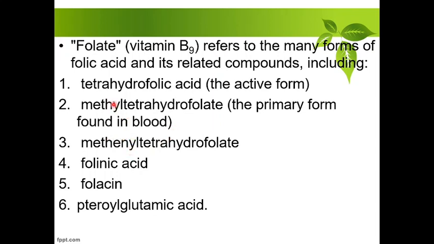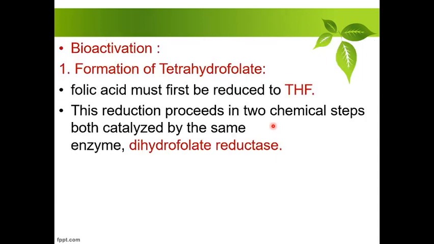Methenyl, यहाँ पे क्या है देखो, मिथाइल है. मिथिनाइल यानी जिसमें डबल बॉन्ड है, right? Methenyl tetrahydrofolate, folinic acid, folacin, pteroylglutamic acid. So all these are the forms, ये 6 forms जो हैं, all of these they refer to vitamin B9, that is the folic acid.